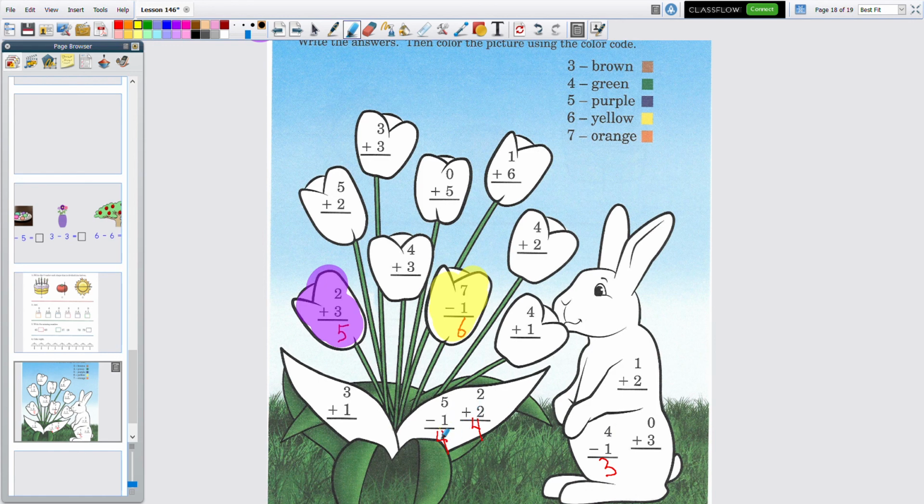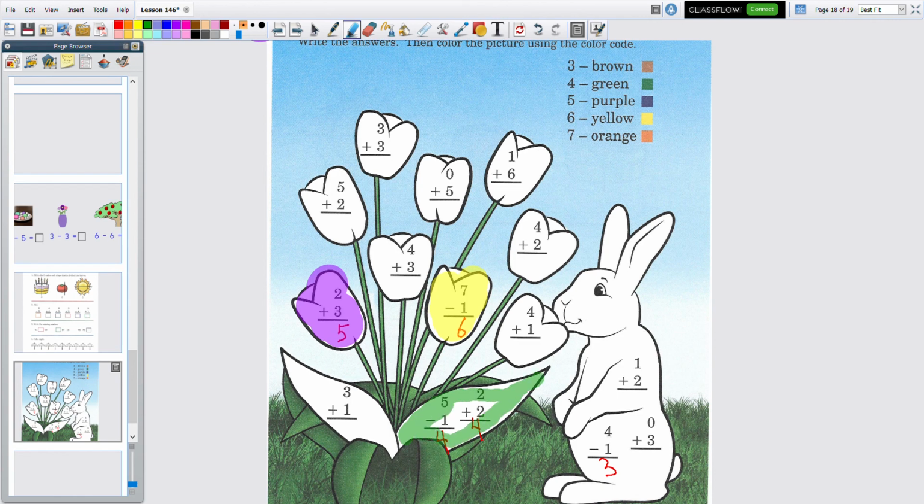We don't have a whole lot of time left. We have 5 minus 1 is what? Did we write down here 10? No, we wrote 4. What color is 4? That's green. So I'm going to go up here and get my green, and I'm going to color this part green because I got 4s on that.